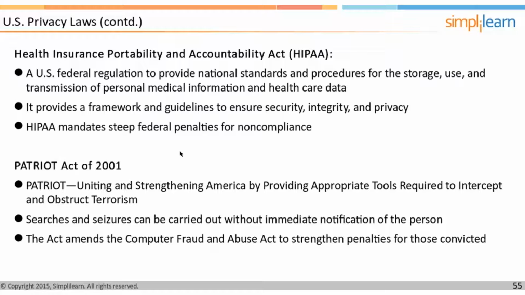Now this Patriot Act came into force after 9/11, and there was a lot of sentiment, I suppose, and the government wanted a lot of power to carry out searches, carry out warrants, and to snoop on people. So they came up with this Patriot Act, and it gave a lot of undue power to the federal agents, right?